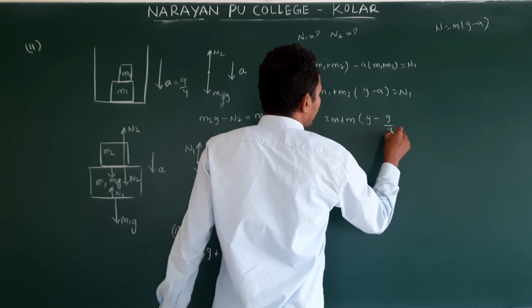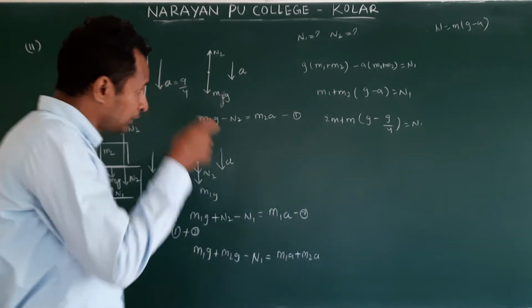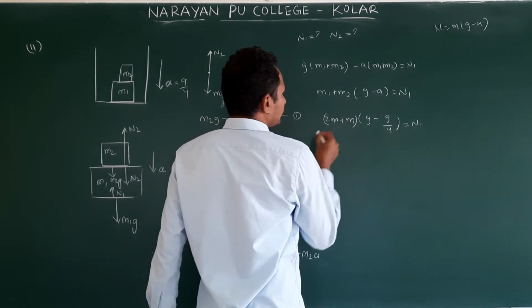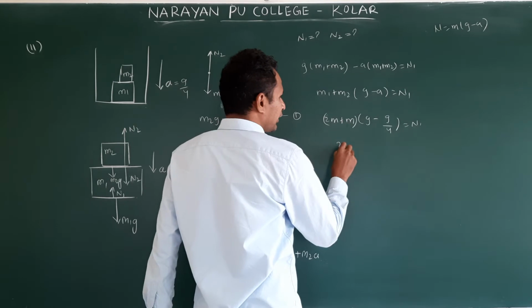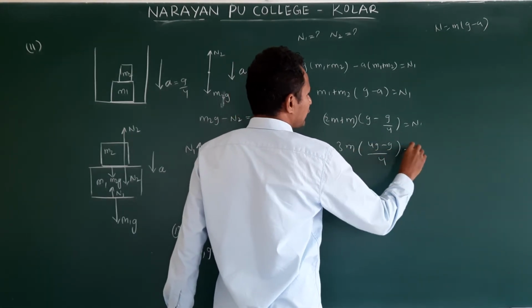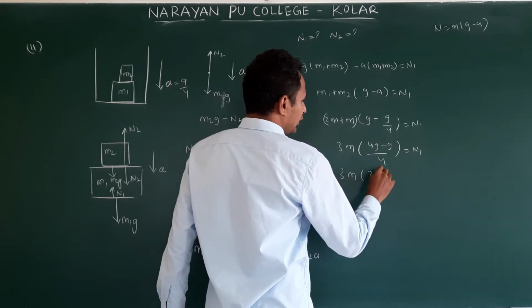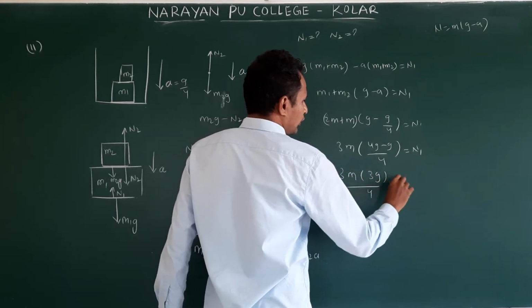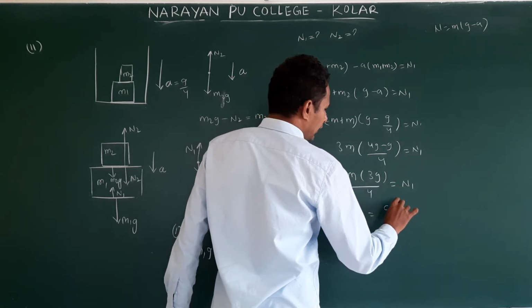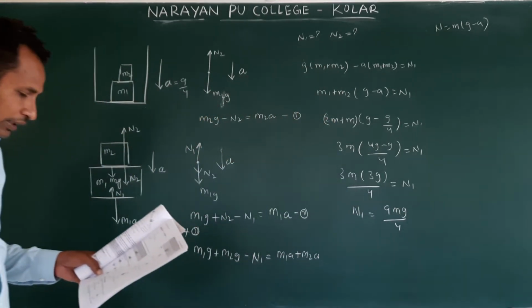So (2M plus M) times (g minus g by 4) is equal to N1. That is 3M times 3g by 4 is equal to N1. So N1 is equal to 9mg by 4. Check that N1.